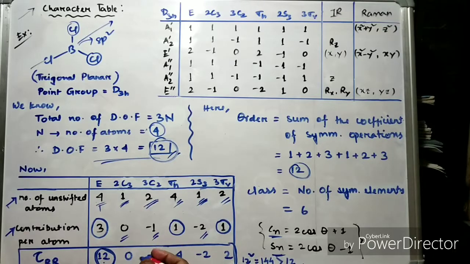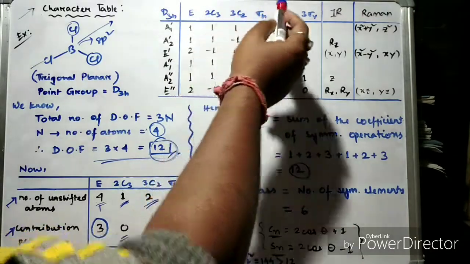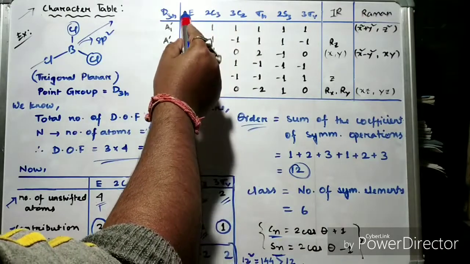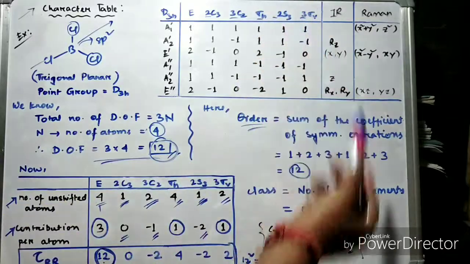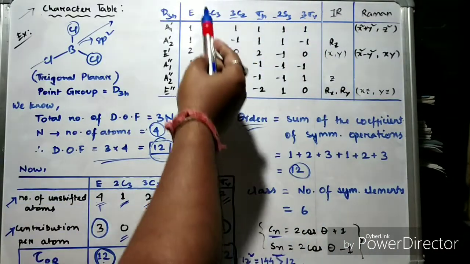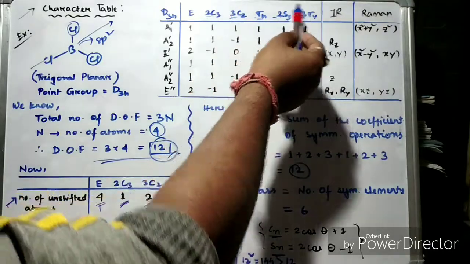So now you can think what is order and how can we find out the order. We know that the order is simply the sum of all the coefficients of the symmetry operations. If we add all the coefficients of the symmetry operations, then we will get the order of the character table. So here it will be 1 plus 2 plus 3 plus 1 plus 2 plus 3, it will be 12.